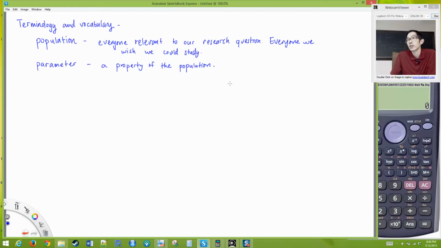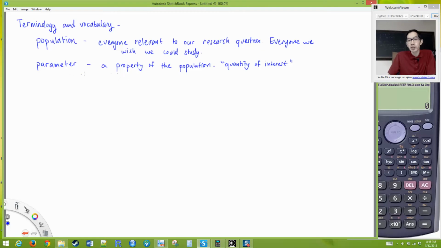That would also be defined as our parameter. So in the examples that we did, I gave you the parameters, which was the proportion in the population that was left-handed, or the proportion in the population that were yellow pieces or orange pieces of candy. A lot of times the parameters are unknown to us.